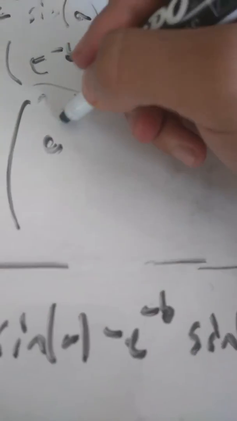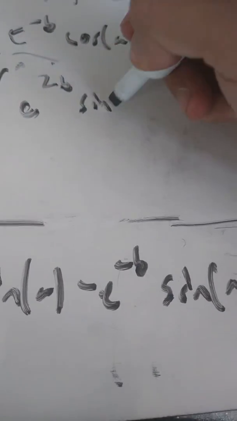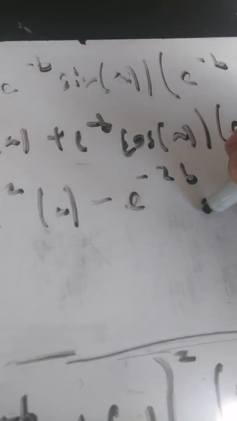So we can square e to the b sine A, so e to the 2b sine squared of A, and then we have minus e to the negative 2b sine squared of A. As you can see.